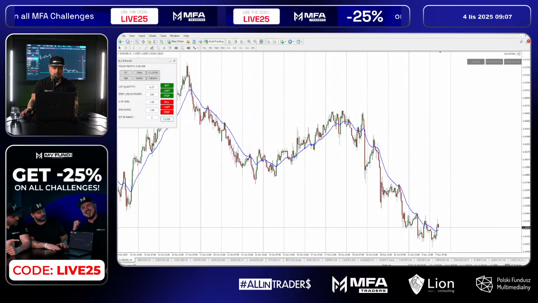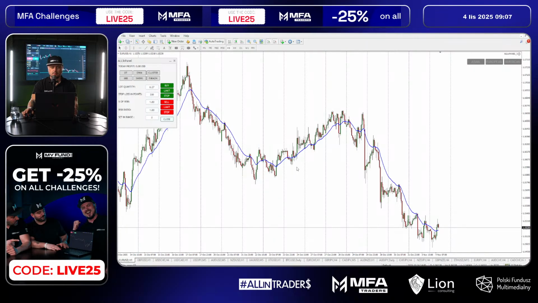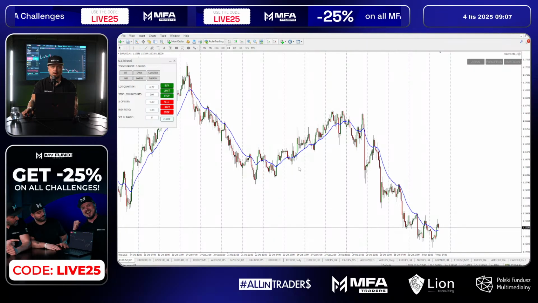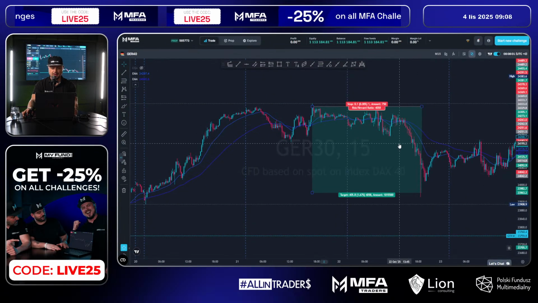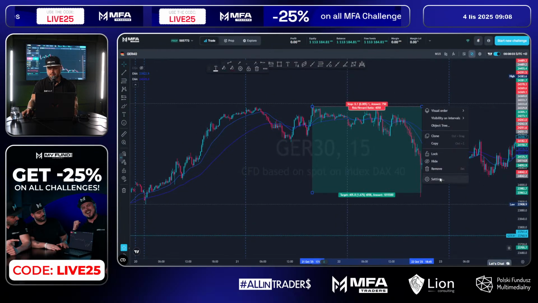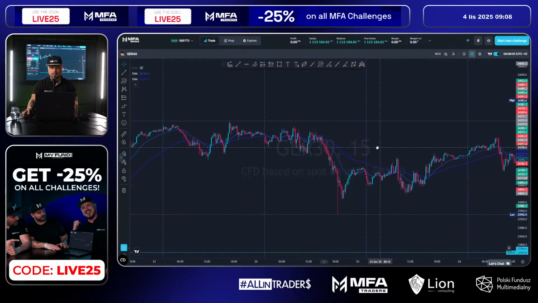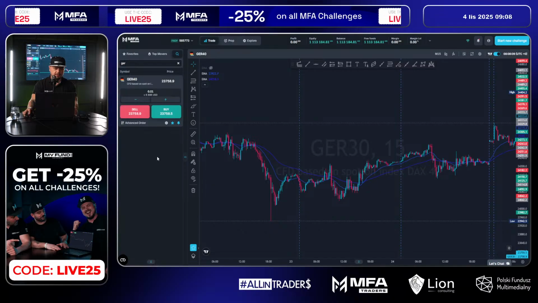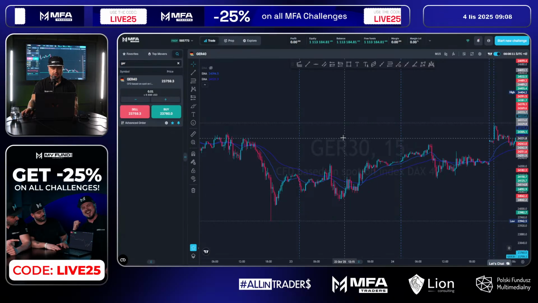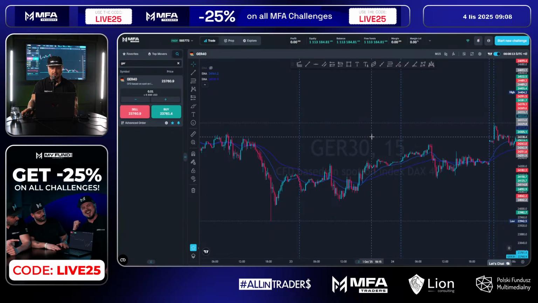On this MT4 platform, I got Trade Copier, which is copying my trades directly into the MFA account. This account is for live trading sessions. So every single trade we open during the live trading session is on this account.